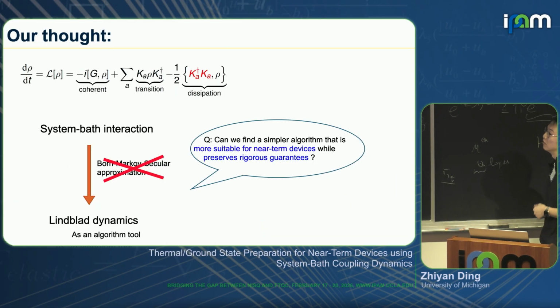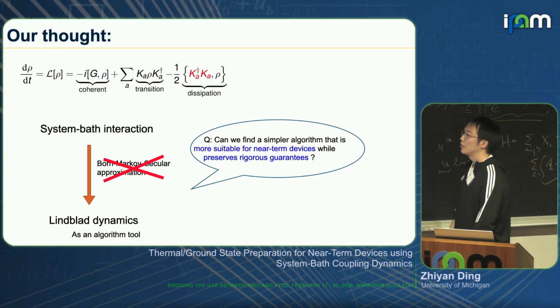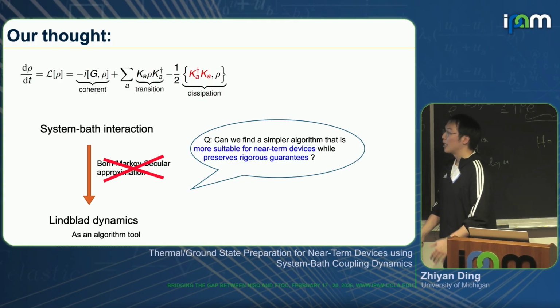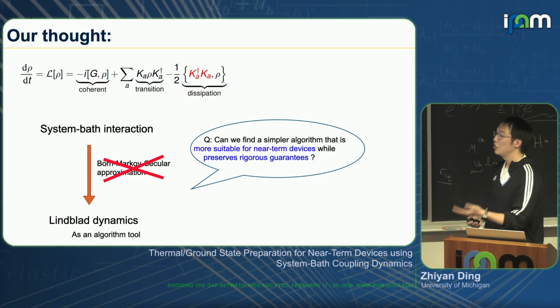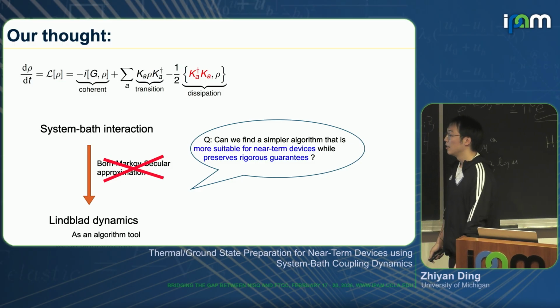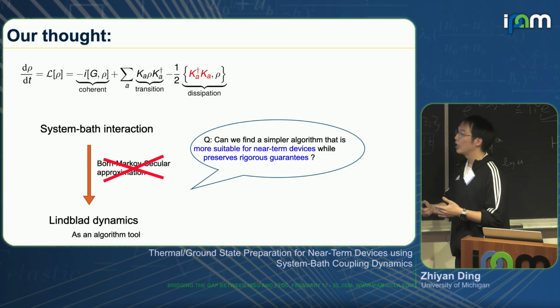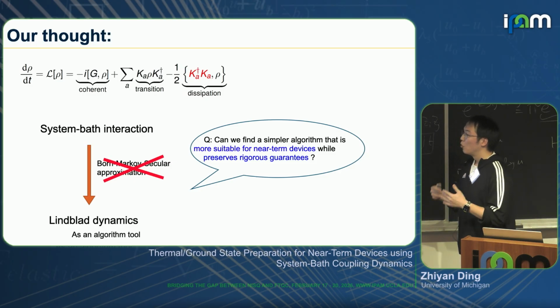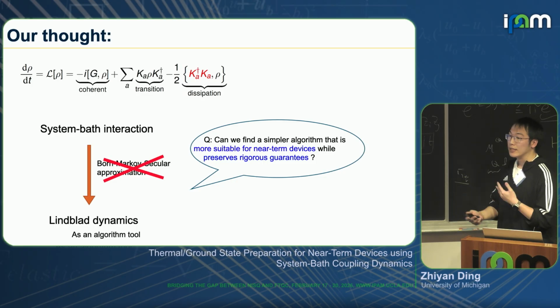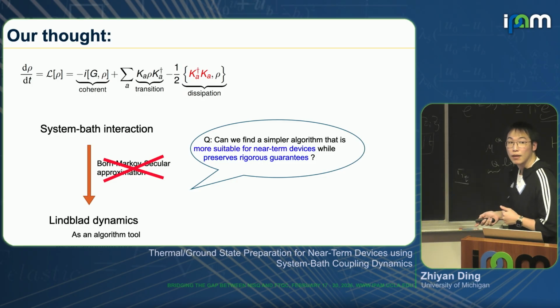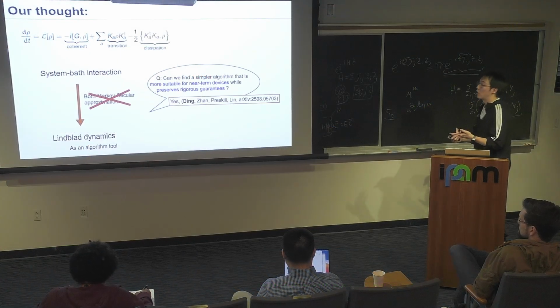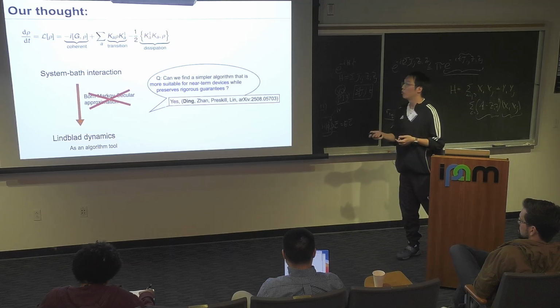Okay, so then since the linear Lindblad dynamics has this kind of disadvantage, a natural question to ask is, can we find a simpler algorithm that is more suitable for near-term devices where I can still give rigorous guarantees? And this question is answered by our first paper here.